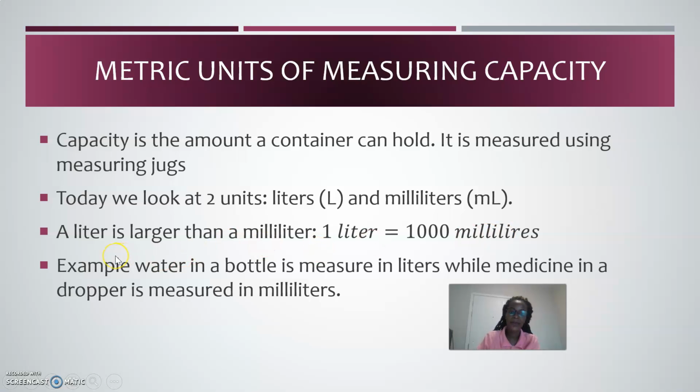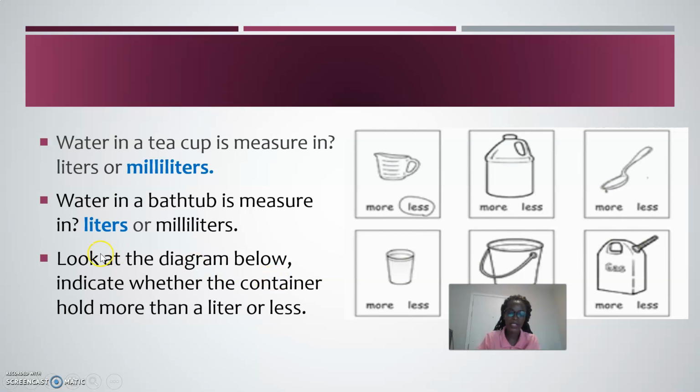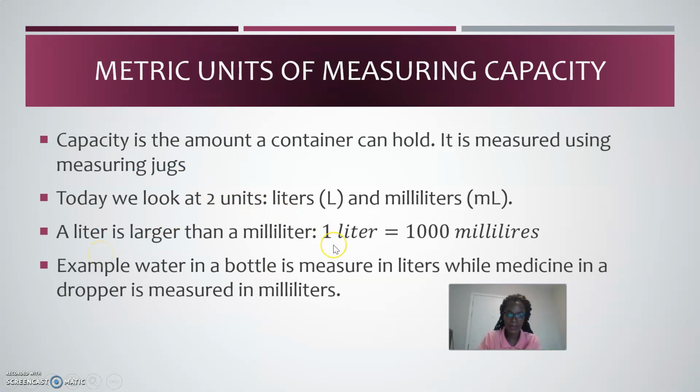All right. For example, if you have water in a bottle, you will measure that using liters, okay? Because that's a large amount of water, or say water in a sink, or water in a 5-liter container. You measure that in liters. But if you're talking about water in a teaspoon, or water in a cup or a glass, that is a very small amount that will be measured in milliliters.